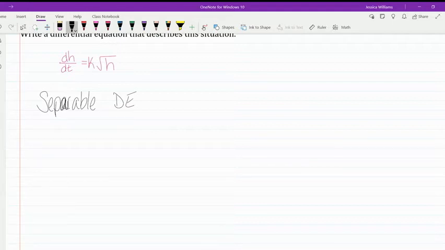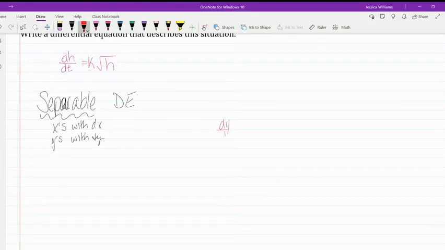We are only going to deal with separable differential equations because we are only going to solve separable differential equations. So what it means to separate means that you are able to get your x's with dx and you're able to get your y's with dy. So let me show you an example of a separable differential equation.